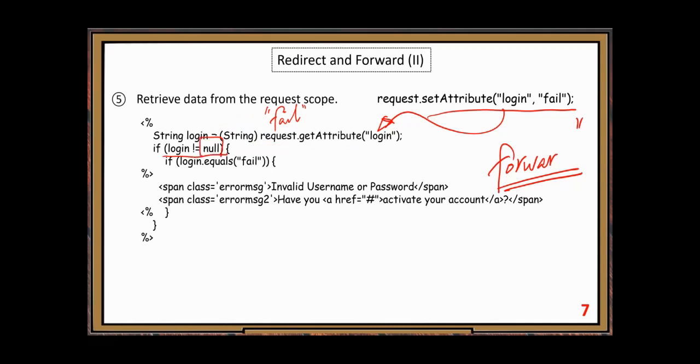In Java, every time you have an object type variable, you need to do this not-null checking. Otherwise, if you forget to do this not-null checking, what would happen? Sometimes this object could be null.